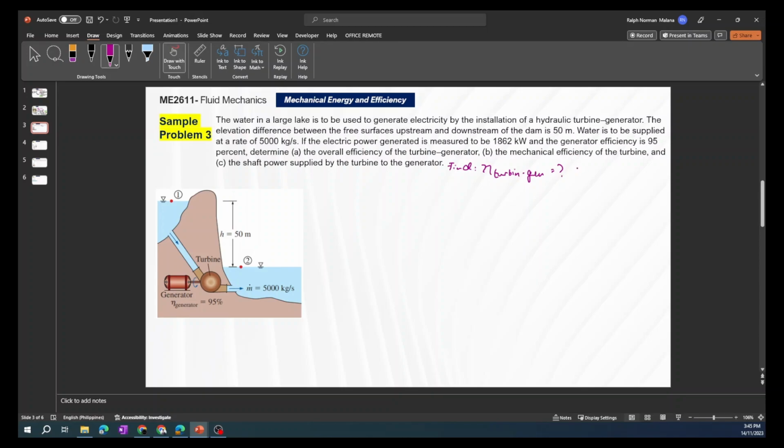We're going to put it as n overall. And then finally, we're here to determine the shaft power supply. So it's going to be the shaft out. Okay, so we are also given with the following.